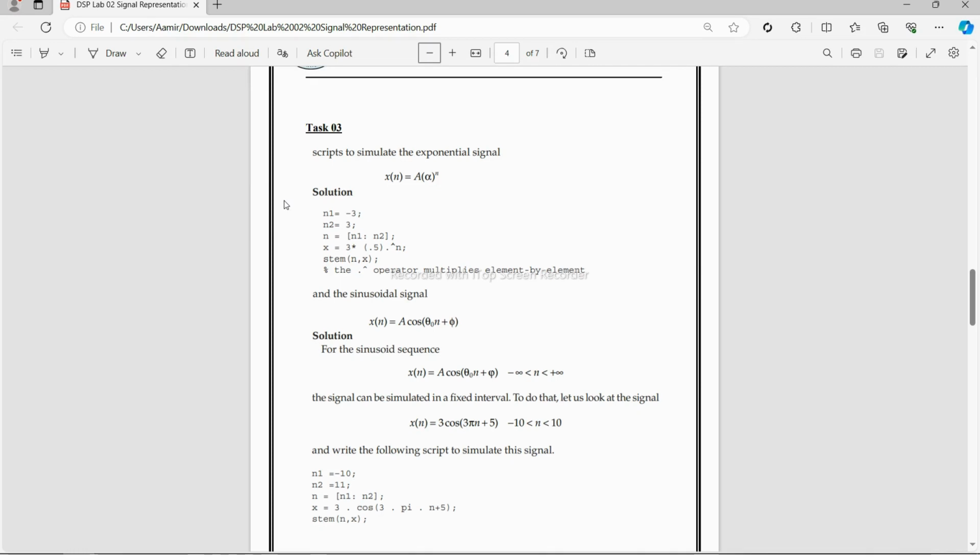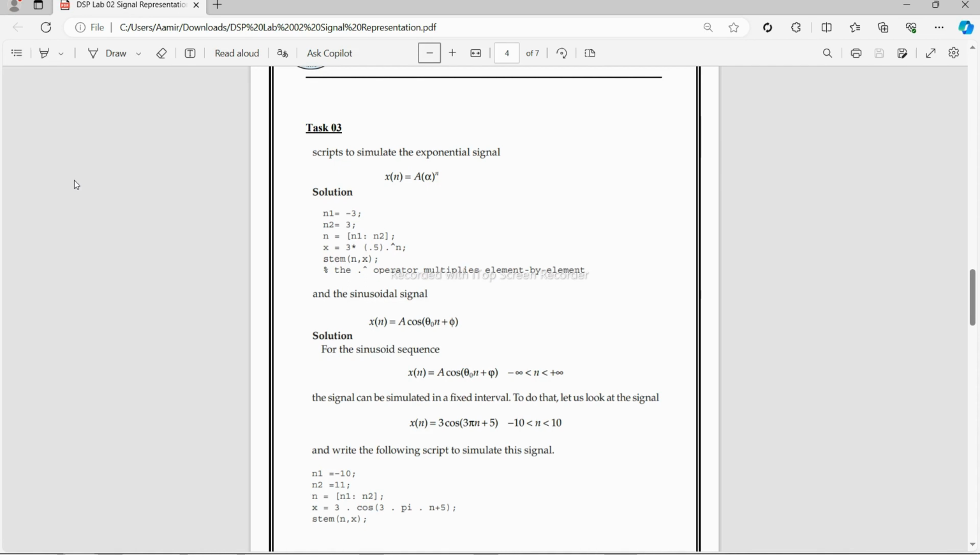In task number 3, this MATLAB script simulates an exponential signal and a sinusoidal signal within specified intervals. For the exponential signal, the interval is from -3 to 3, and the line is x equals 3 multiplied by 0.4 power n.